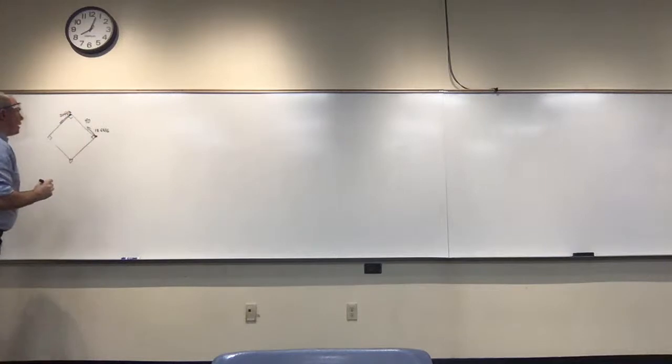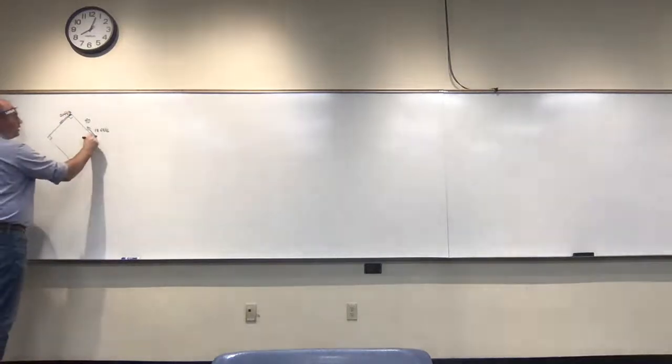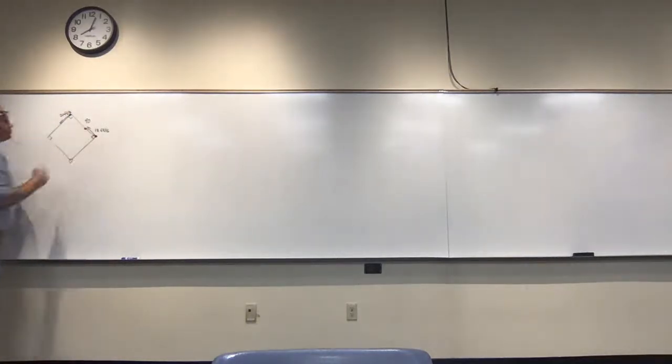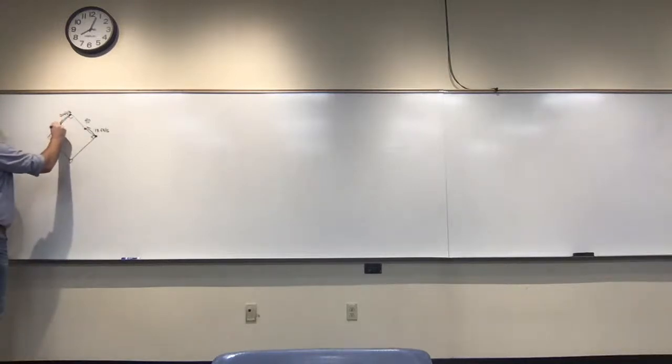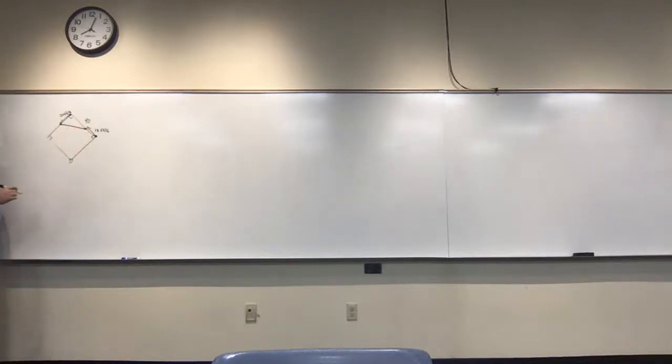So after a second, this guy moves up, and after a second, this guy moves up, and we get that distance. Let's call that D. That D will just be the distance between the two runners at any given time.